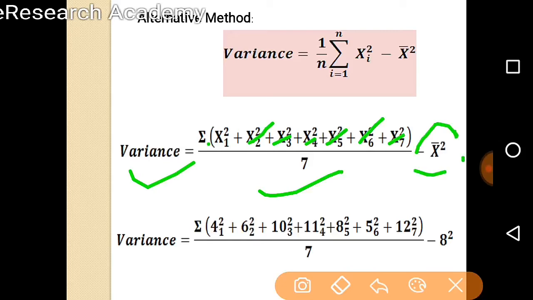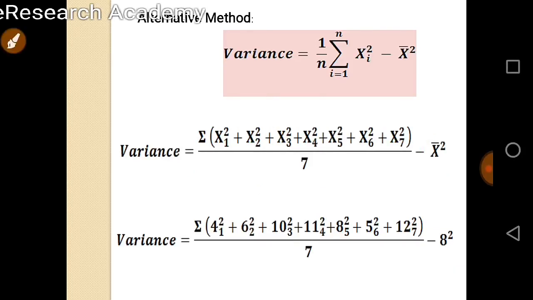The mean value we also have, that is 8. So put all values of x's in this formula. What we get is the summation of all x squares: 4 square plus 6 square plus 10 square plus 11 square plus 8 square plus 5 square plus 12 square by 7 minus mean value 8 square.